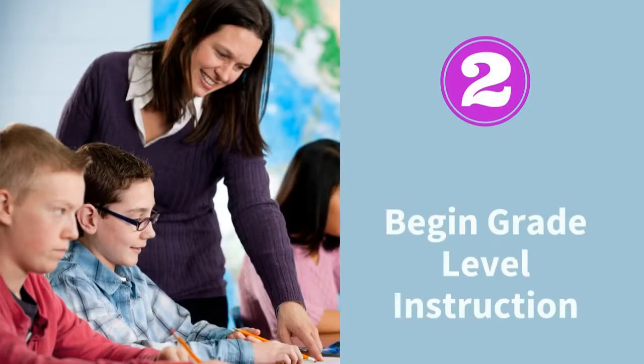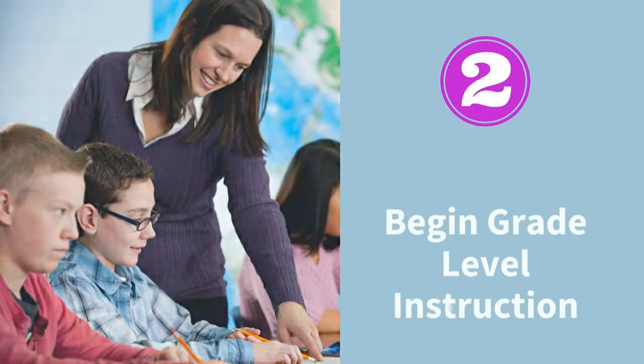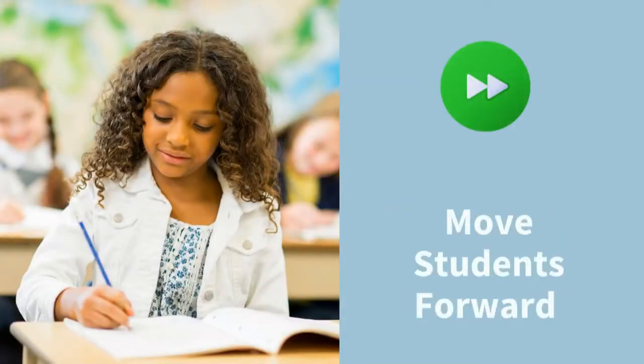Step 2. Begin on grade level instruction and assess as you go. Start students with new grade level content and move them forward based on information gleaned through the formative assessment process.